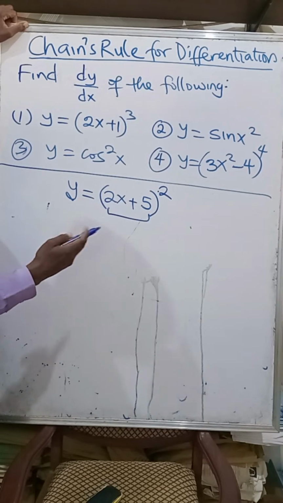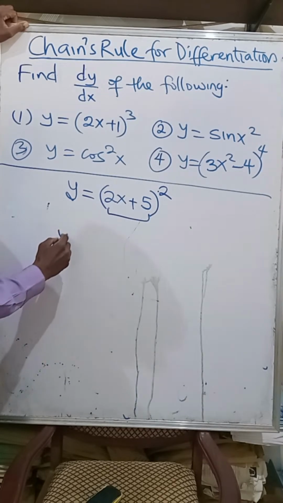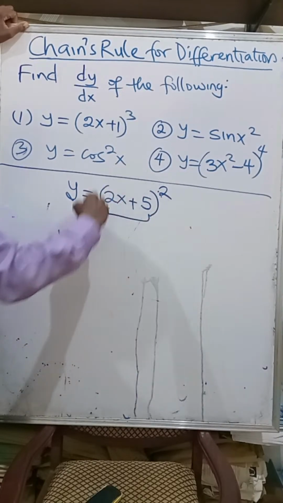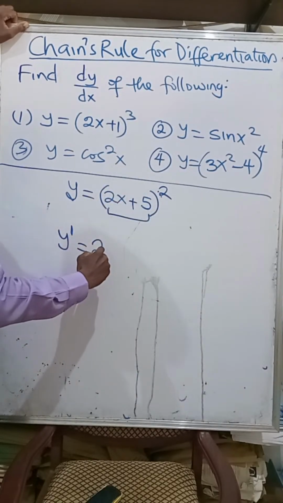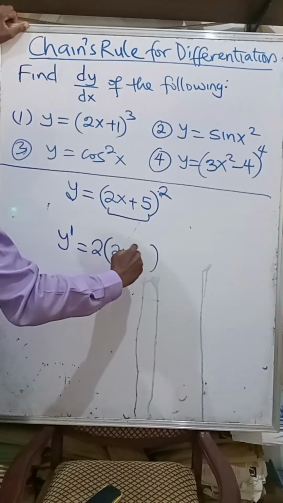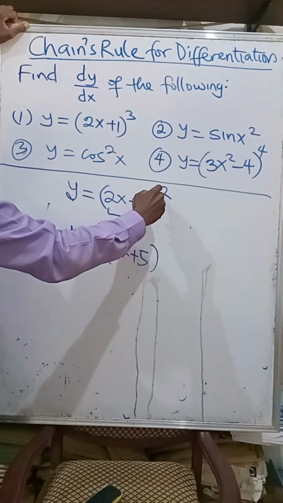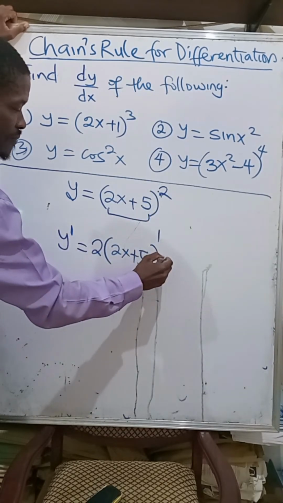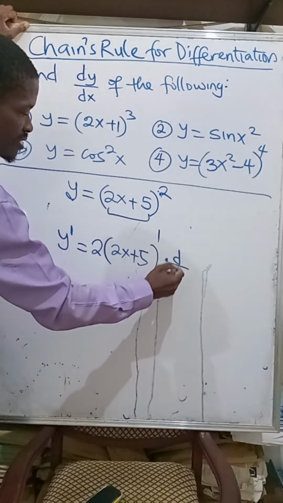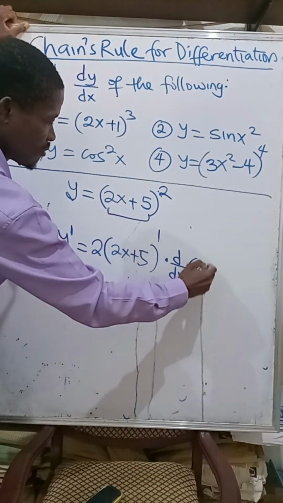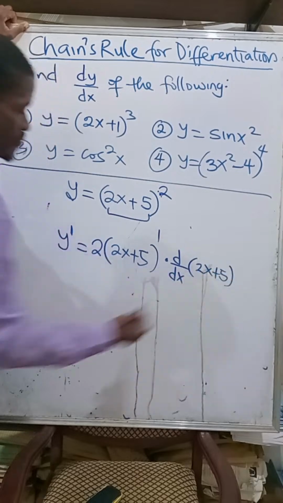So dy/dx will be equal to the power will go to the front. Write the expression again, 2x plus 5 to the power 5 minus 1, that's 4, times the composite function, the inner function, d/dx of that expression.